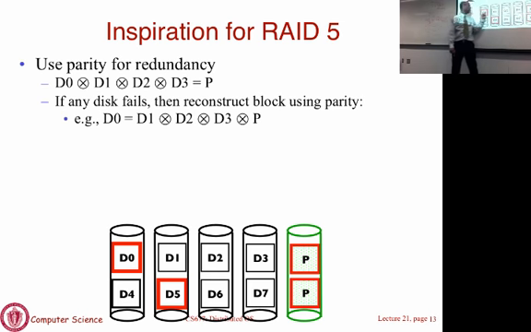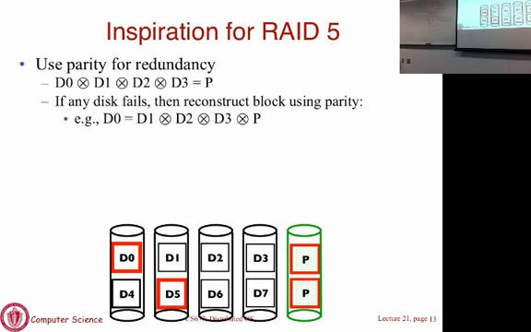If you write to block D0, you don't just overwrite whatever is stored in that block. You actually have to retrieve all of these blocks, recompute the parity, because the parity requires you to compute over all of those blocks, and then write the parity and the written block. So a single write results in n reads plus 2 extra writes, one for the parity and one for the write.